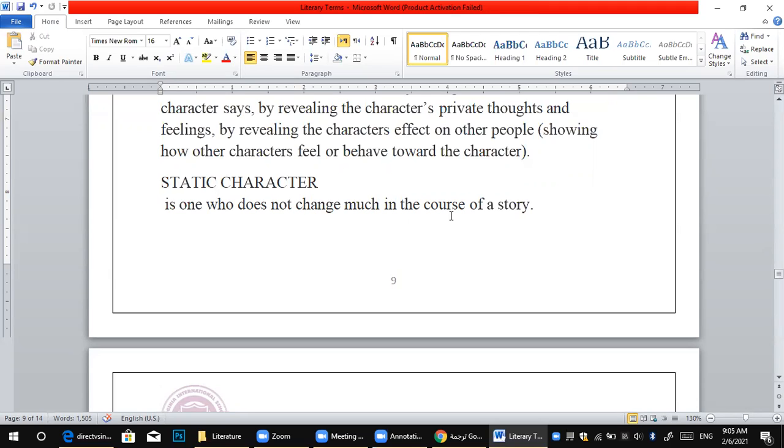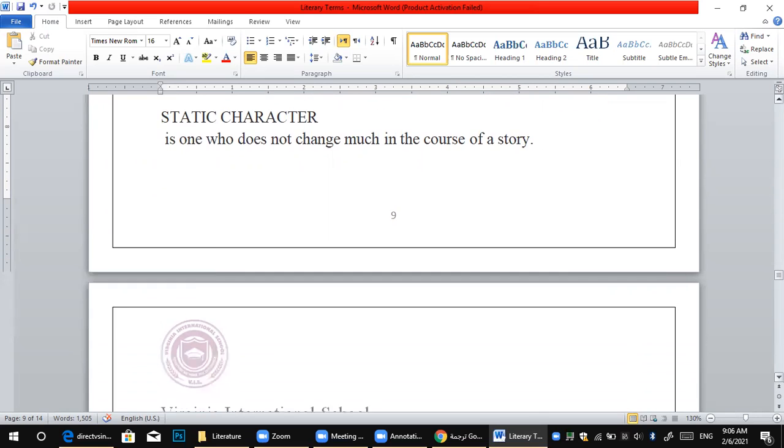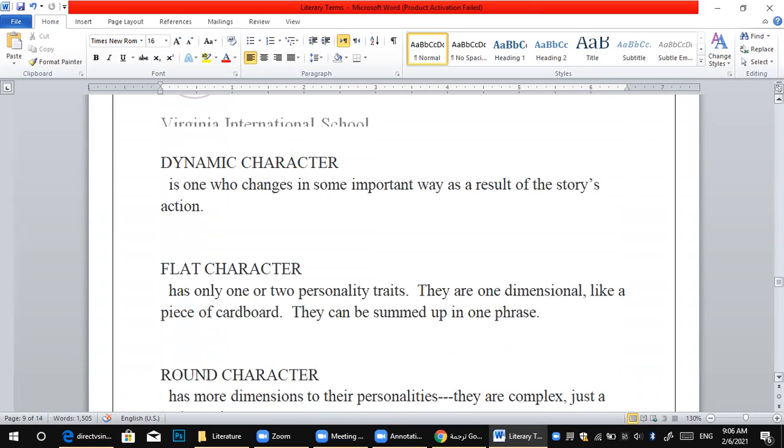He doesn't change much in the course of the story. He didn't become a betrayer. No, he was loyal to Macbeth and loyal to the king. So it's called a static character. His character doesn't change.